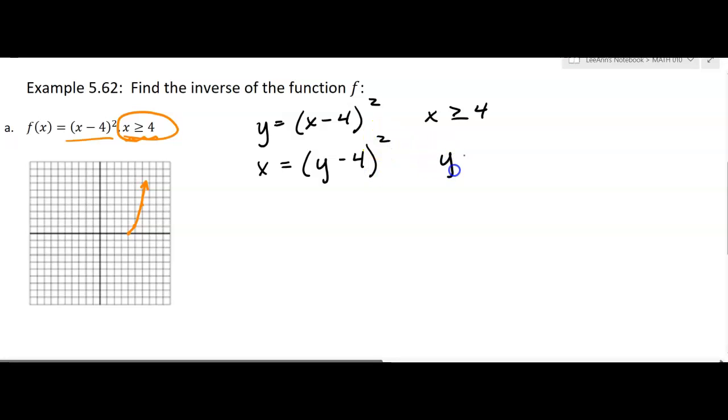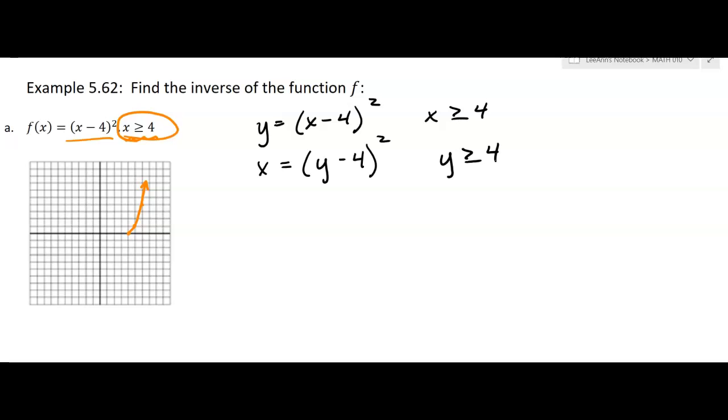Now, I like to write over to the side that y has to be greater than or equal to 4, because I switched the x and y. You don't always see it written that way, but I like to write it that way. Now I have to solve for y, and I'll tell you why at the end.